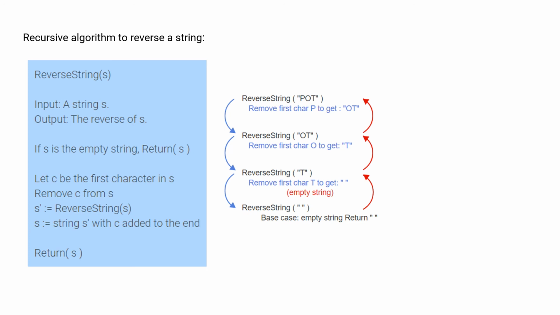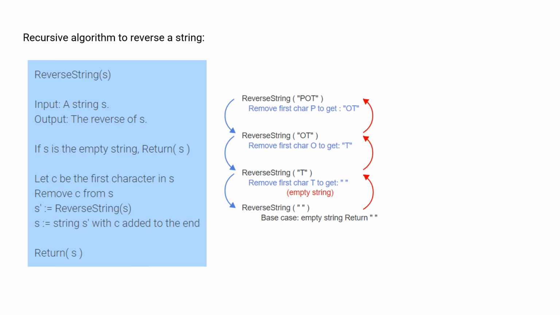So we call the algorithm again. So we do the same thing that we've already just done for OT, and that is removing the first character, which would in this case be the O. So now we're left with the T. Now we call reverse string on T, and we take out the first character and we end up with an empty string.